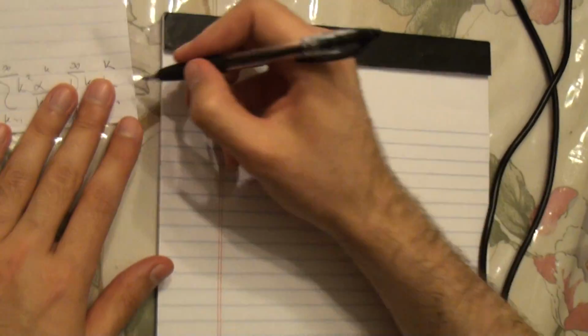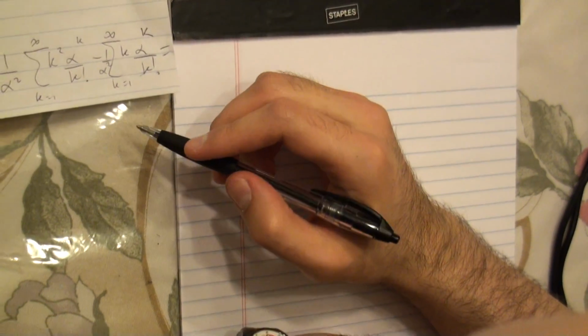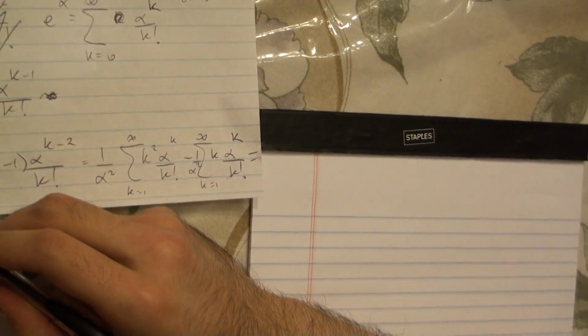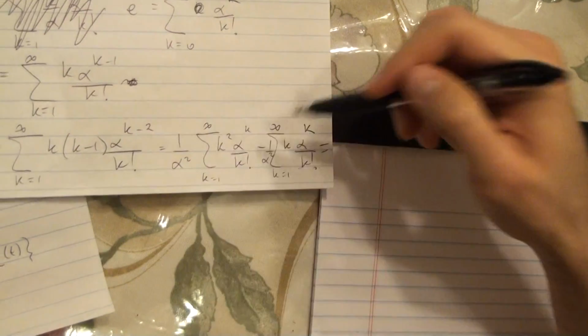Okay. So we have this. Now, what I'm going to do is take the alpha squared, multiply it on, and bring it to this side, and take the exponential and bring it to that side.